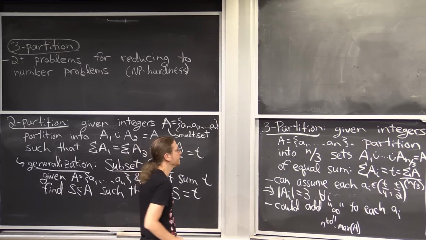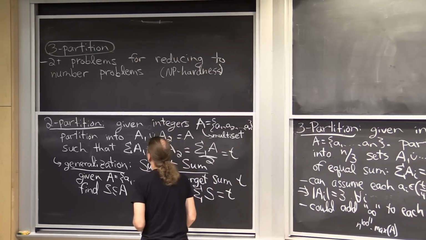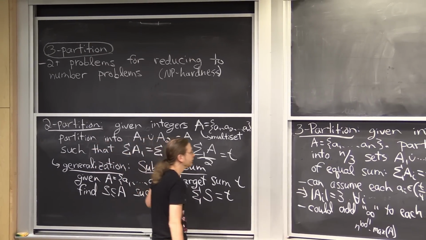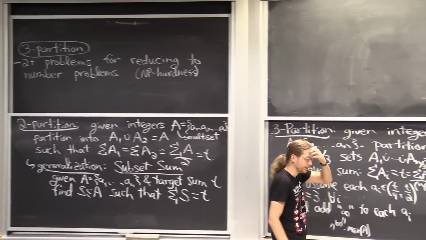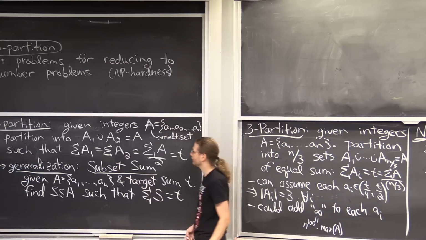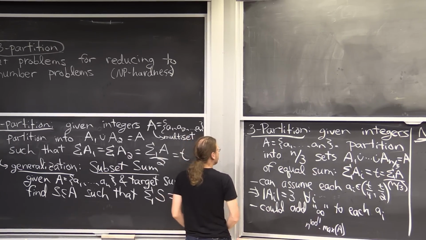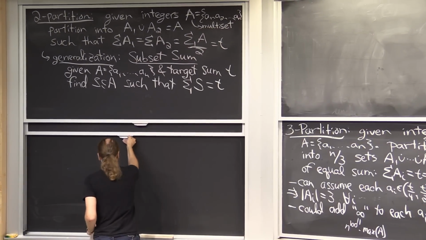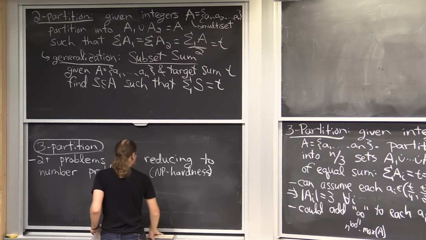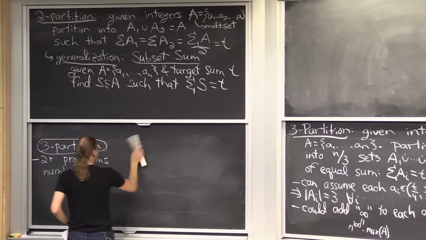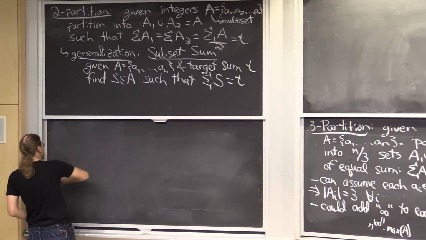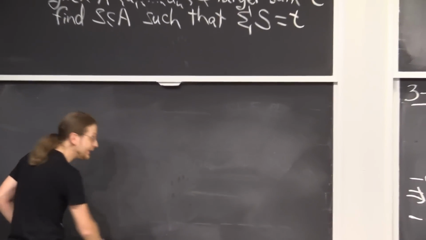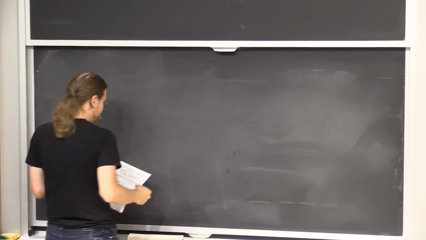All right, let me go back to this issue of 2-partition versus 3-partition. These are the 2 main problems I want to talk about. And they relate to an important distinction in NP-hardness, which is weak versus strong NP-hardness.